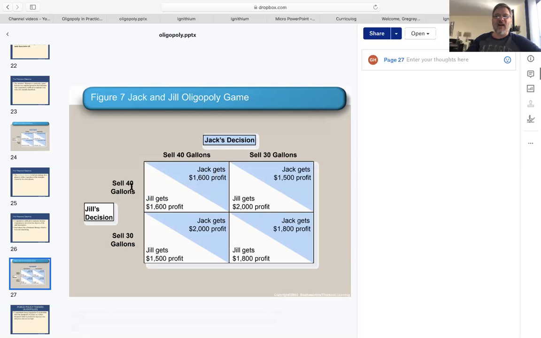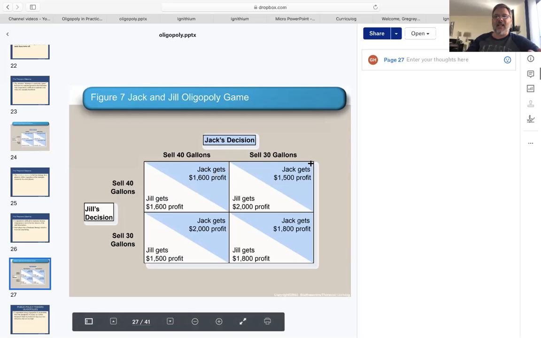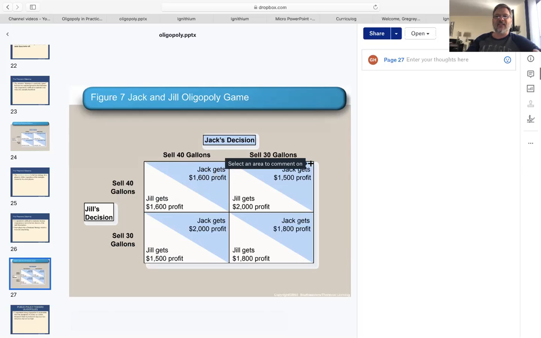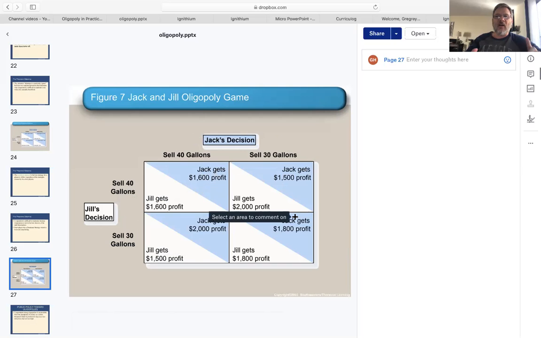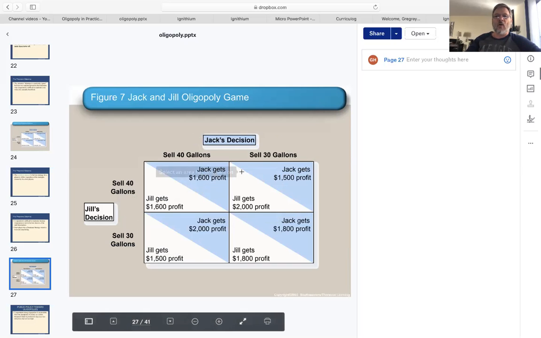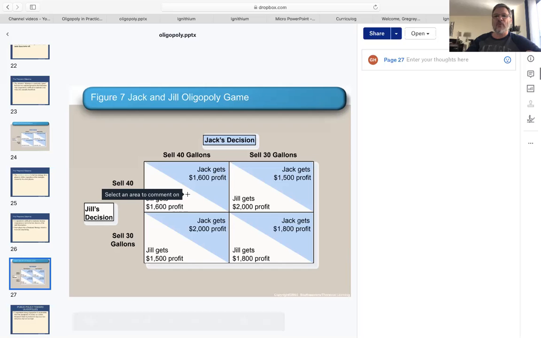Now the last point that I wanted to make, and hopefully this is clear, is that this is only dealing with producer surplus. What do we know about consumer surplus? Well, when more is produced and prices are lower, consumers are better off.